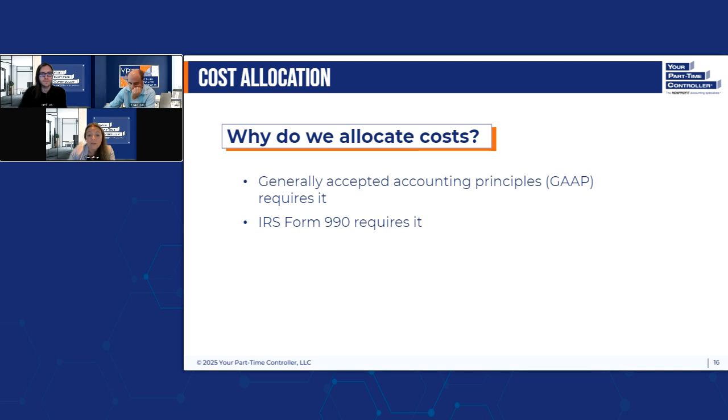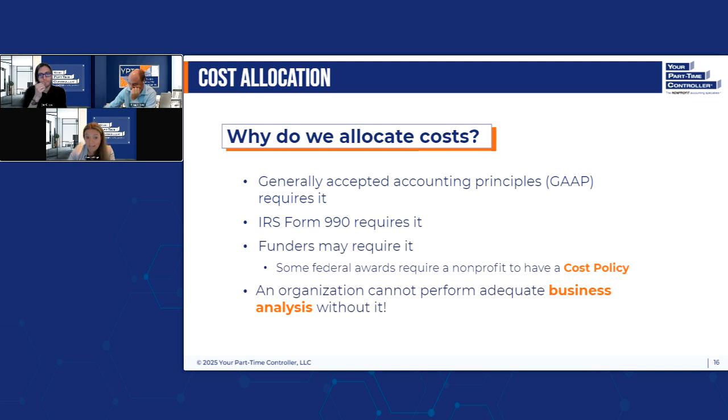Additionally, some funders also require this. If you're getting federal dollars, they require that you have a cost policy documented. And whenever I say federal dollars, people automatically think about a NICRA. We're not going to talk about that here, so don't get excited or dread.